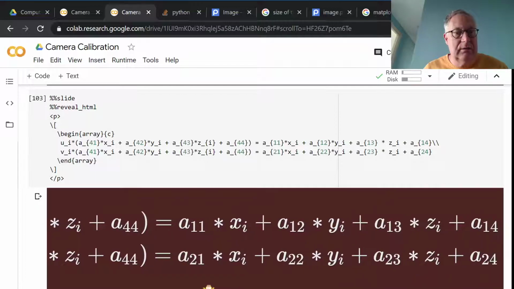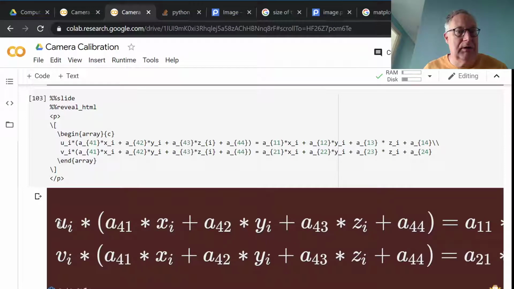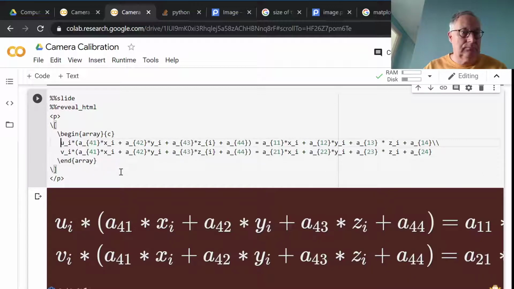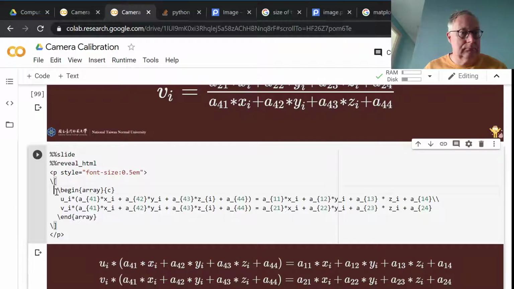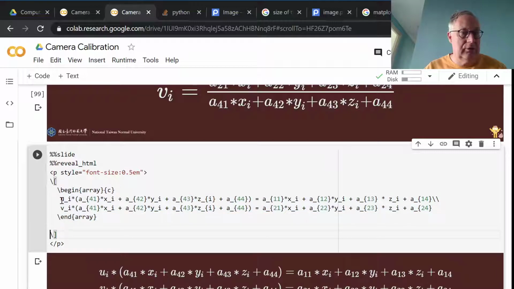So now we get this set of equations. Now I can multiply in ui because it's known, right? And then rearrange the equation.